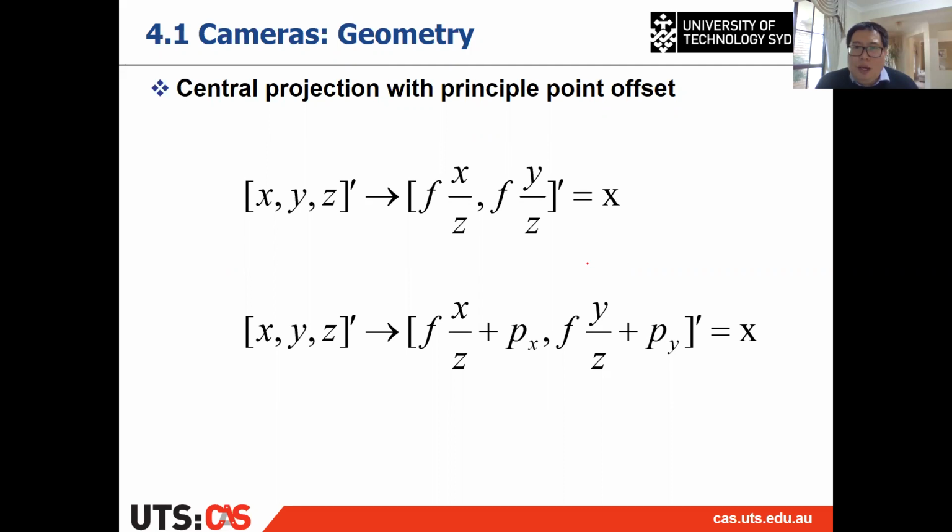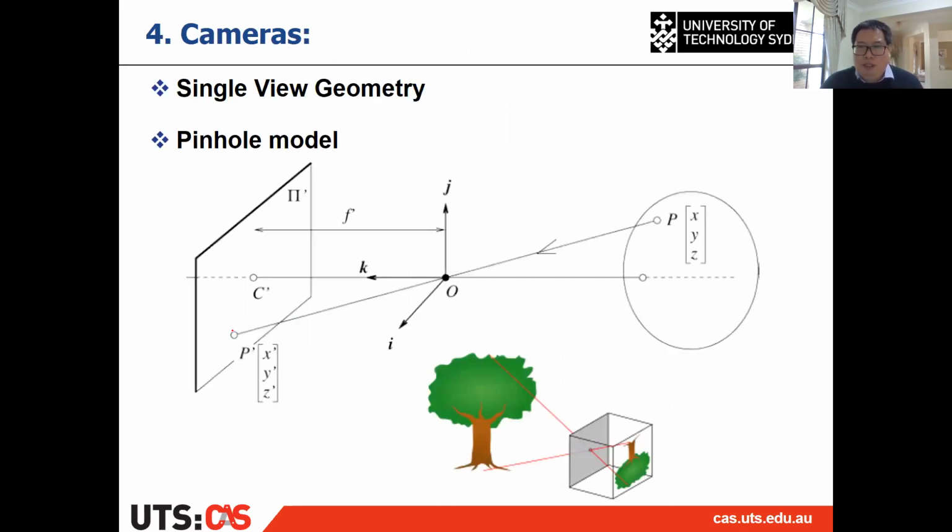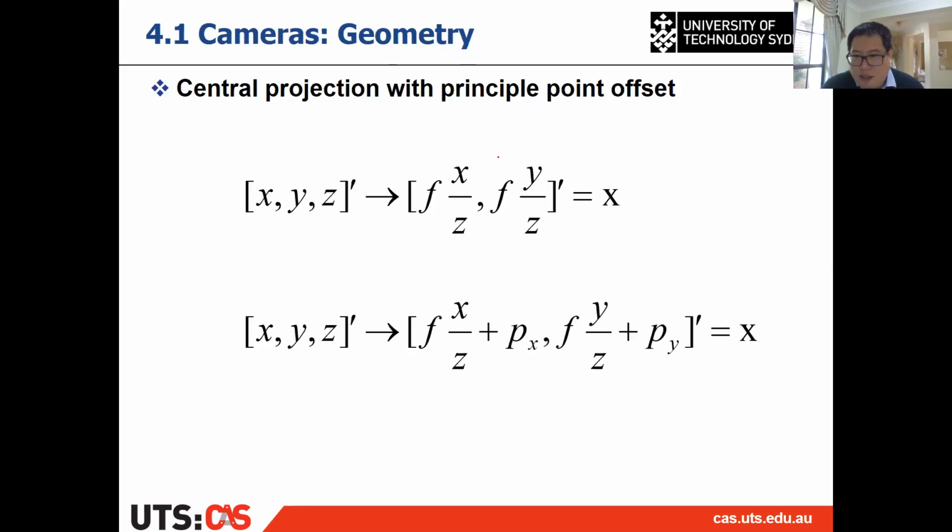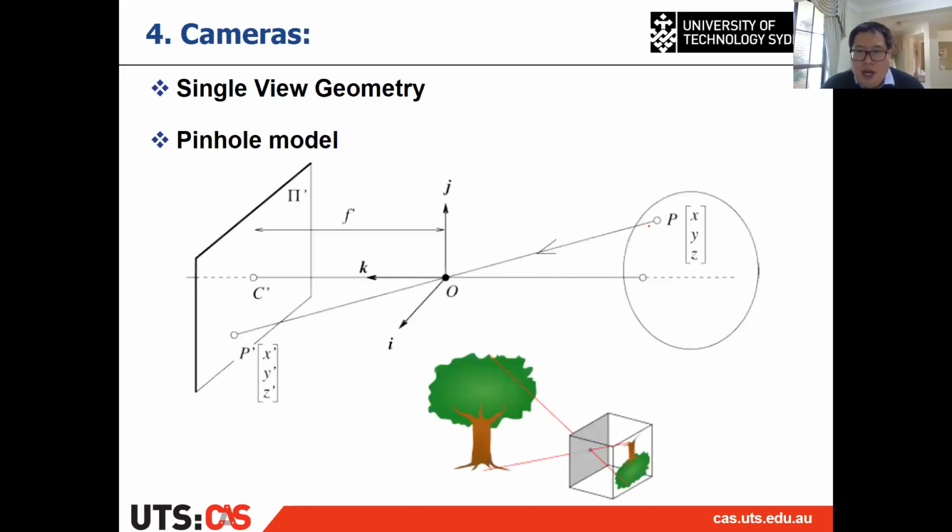All right. So if we have a 3D point and we want to calculate the 2D point, we introduce the central projection and the principal point offset. This equation gives the central projection, which means when you have a point here, where is the point there, with the origin at the principal point.